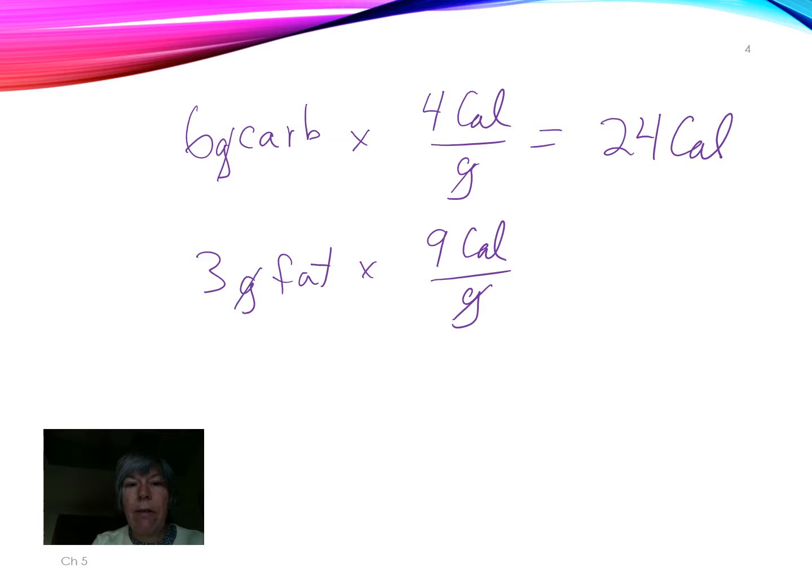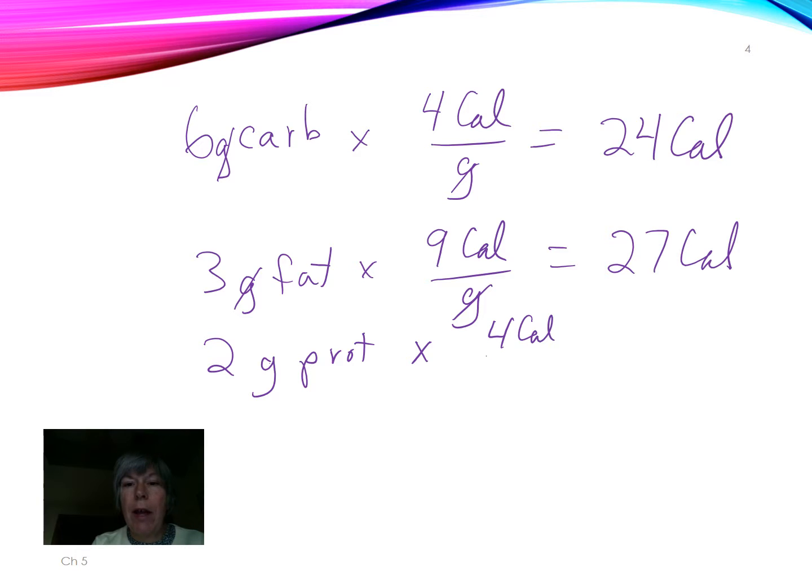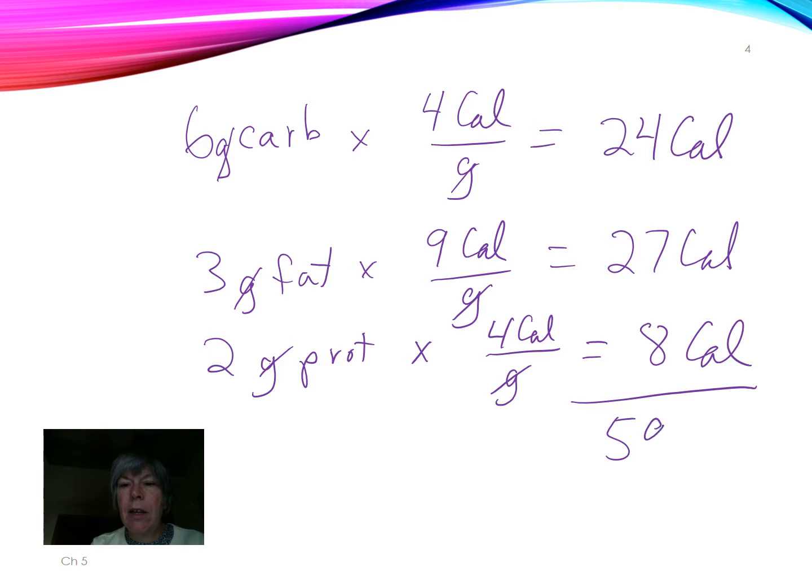Grams cancel out. That gives you 27 calories from fat. You have 2 grams of protein times 4 calories for each gram gives you 8 calories for the protein. Adding those together, I believe that comes to 59 total calories.